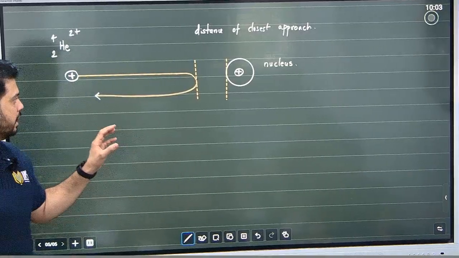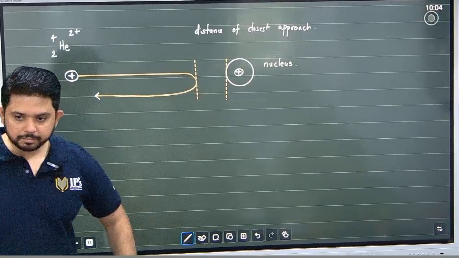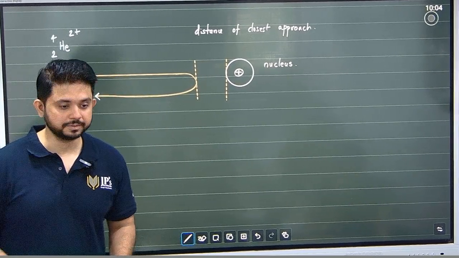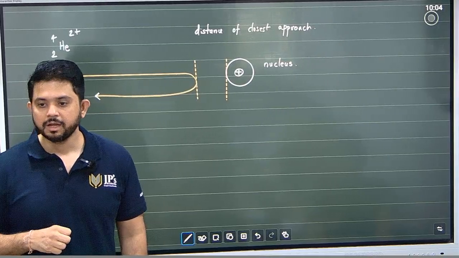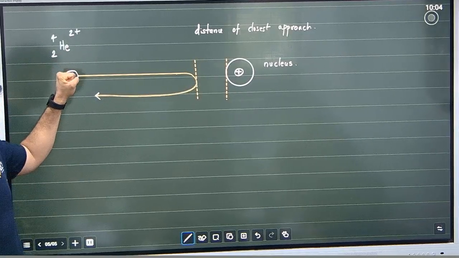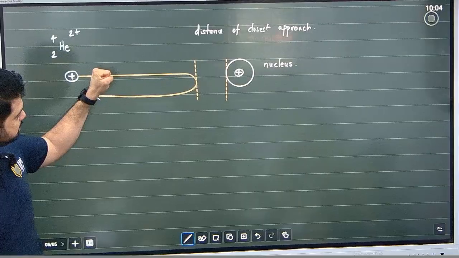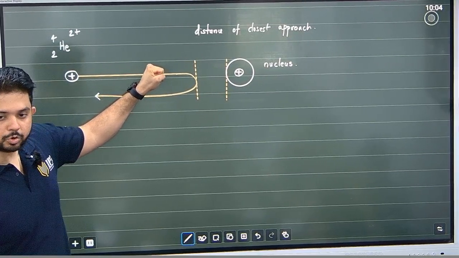Okay. This is a particle which is moving. A particle moving has what energy? Kinetic energy. What energy does it have here? Kinetic energy. It's moving. What happens when it comes here? Will it speed up or will it slow down?